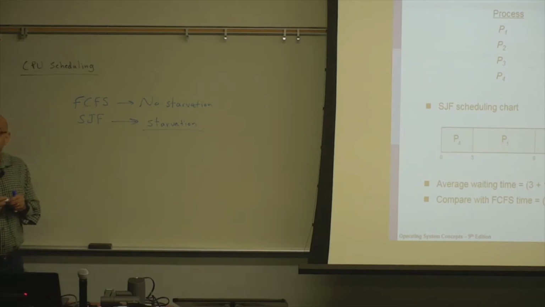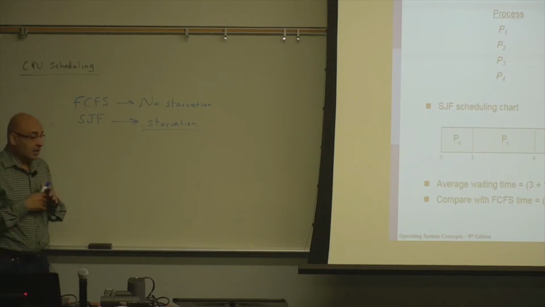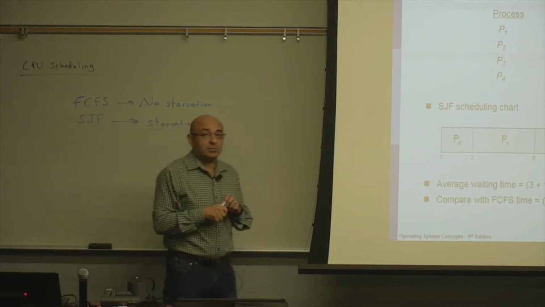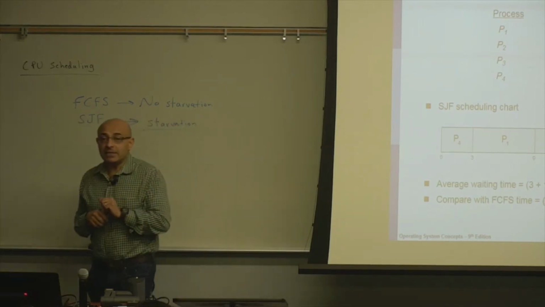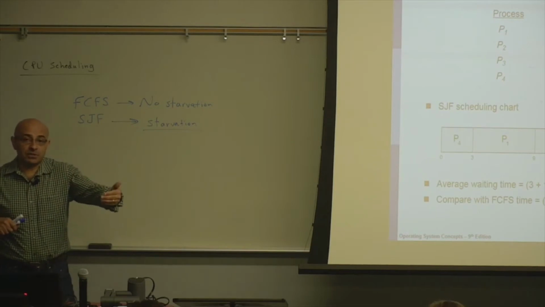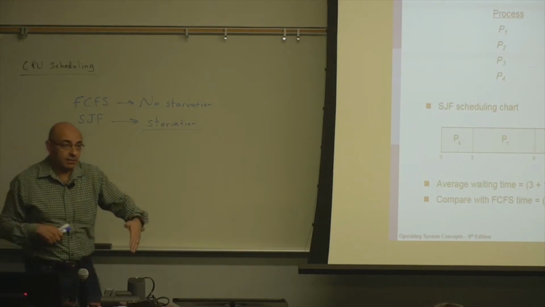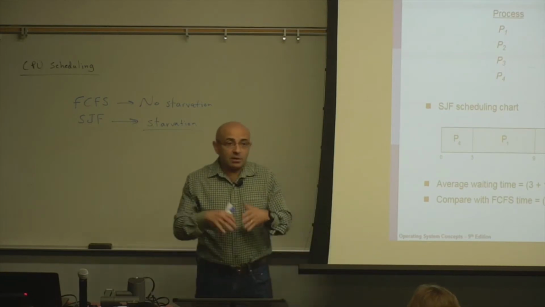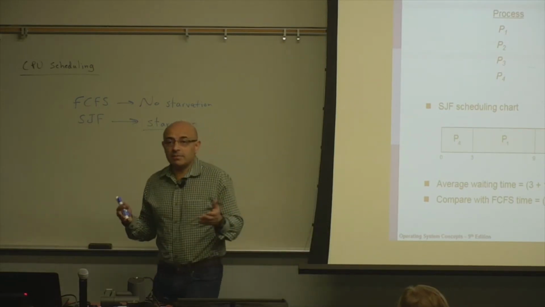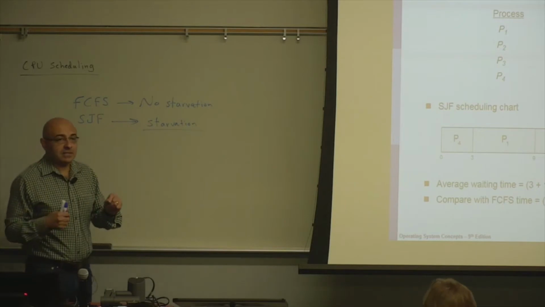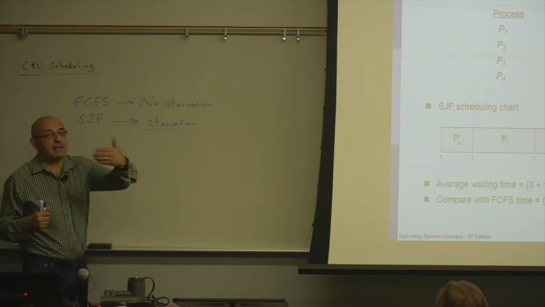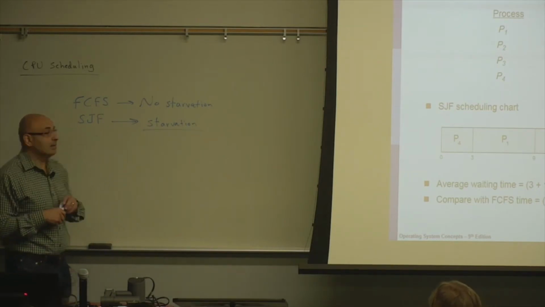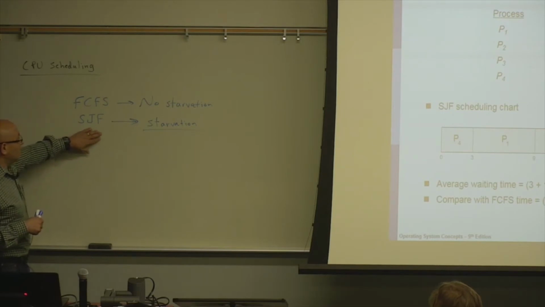If you are a process with a relatively long CPU burst, and processes with shorter CPU bursts keep arriving, they will keep getting the CPU while you are waiting. There is no limit on the number of other processes that may keep arriving and getting access to the resource while you are waiting. So this is the problem with shortest job first.